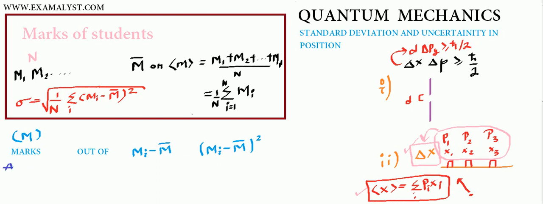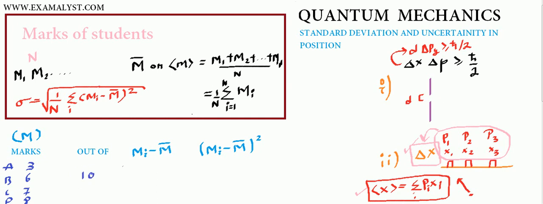Student A has secured a mark of 3. There is student B, student C, and student D. B gets a mark of 6, C has got a mark of 7, and D has got a mark of 8. All these marks are out of 10.